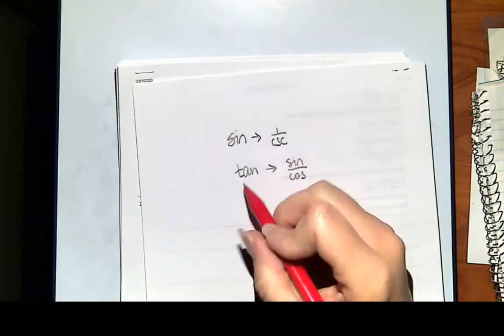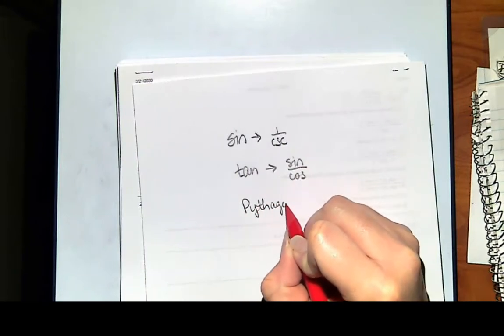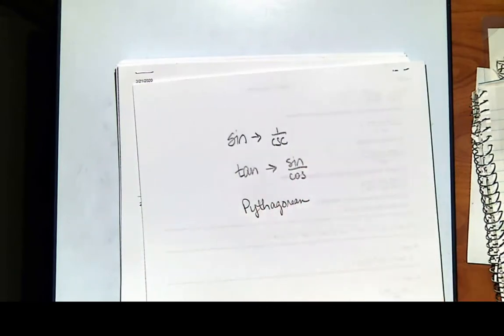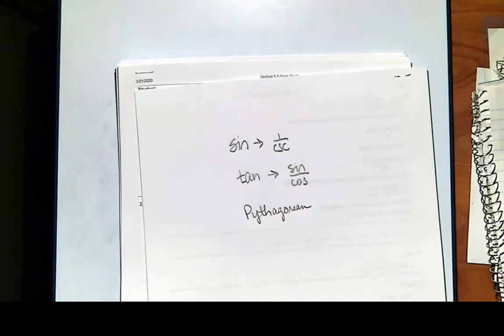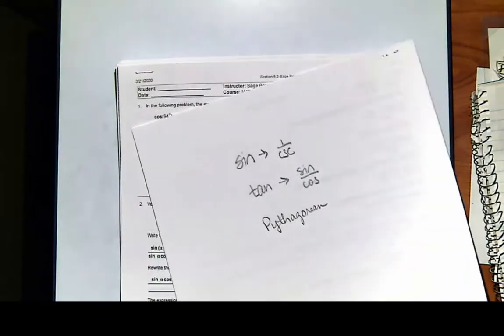We'll get some Pythagorean identities in there, and then we may have some even odd identities in there. So, again, I think 5.1 is the hardest just because it tends to make you wonder what on God's green earth is going on. So here we go.